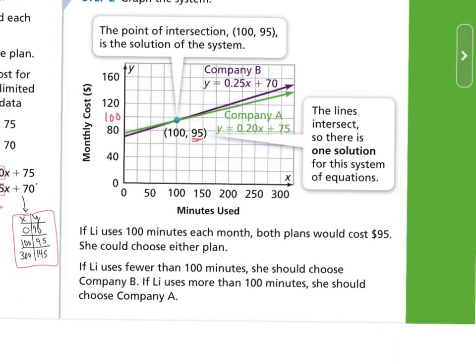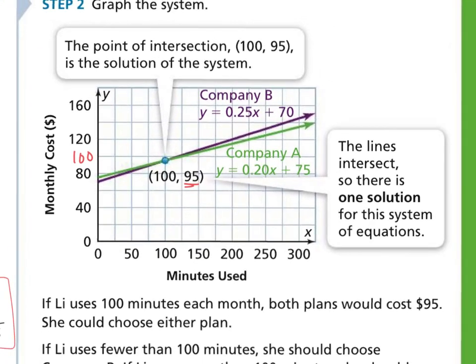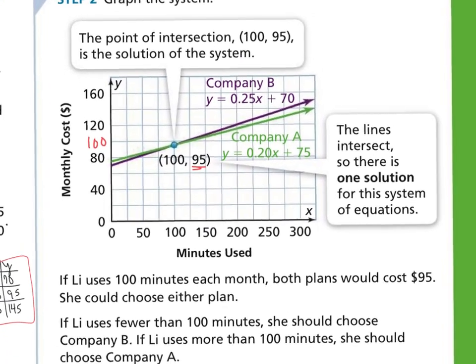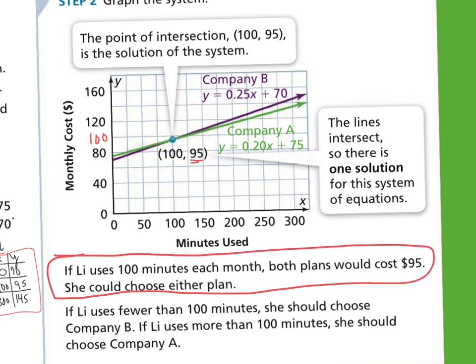All right, so anyway, from the graphs, you can tell they intersect at 95. That is the one solution, which means that if she uses 100 minutes each month, either plan is going to cost $95. So at that point, it doesn't matter.